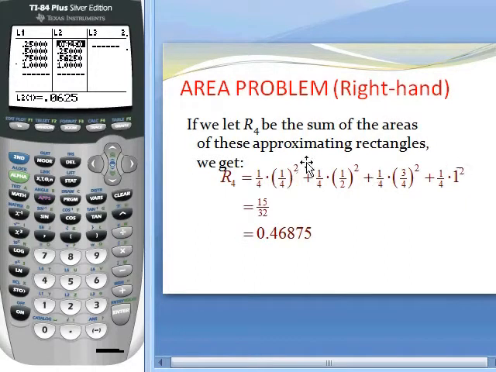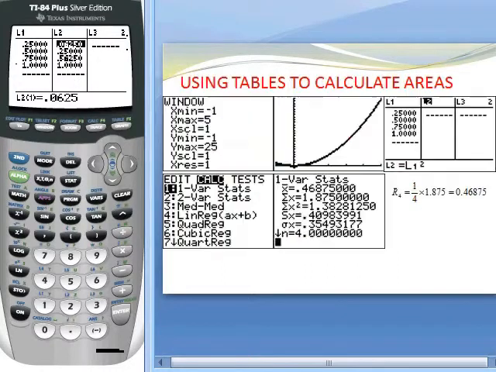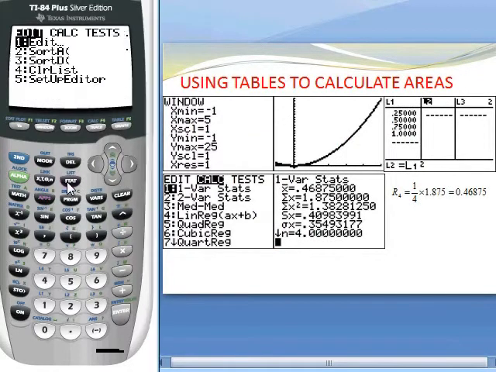Now, remember how it was? I'm supposed to add these up. And here, as you see, I can just factor out 1/4 and add the squares. To add the squares, I can use something called Stat Calculator. It's a statistics feature.